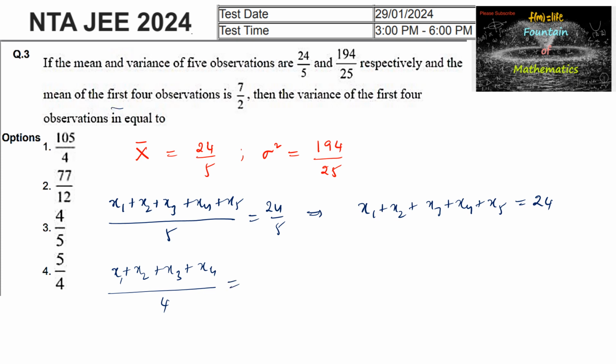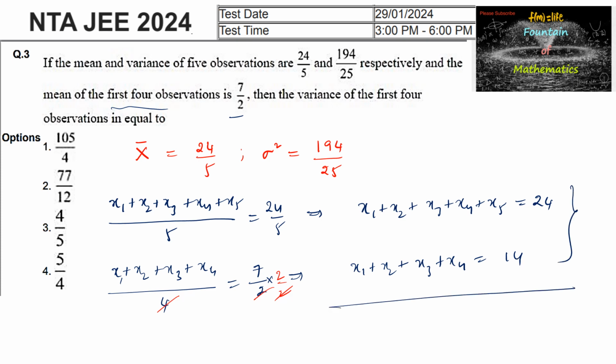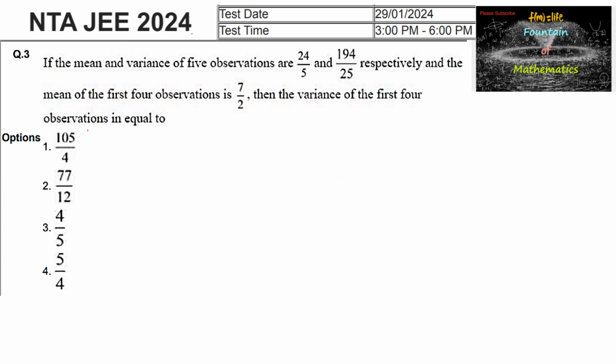The mean of the first 4 observations is given as 7 upon 2, so we can write x1 plus x2 plus x3 plus x4 upon 4, and here I can multiply and divide with 2, so 4 and 4 get cancelled, and so we can write x1 plus x2 plus x3 plus x4 is equal to 7 2s are 14, and if we subtract these both, we get x5 is equal to 10. So we got the fifth observation value, x5 is equal to 10.